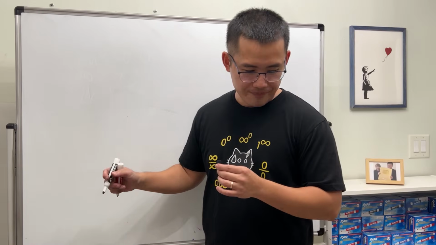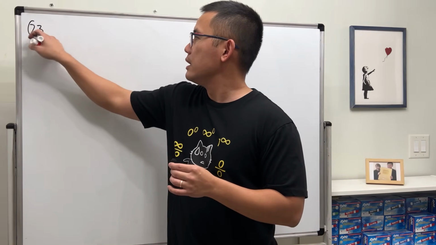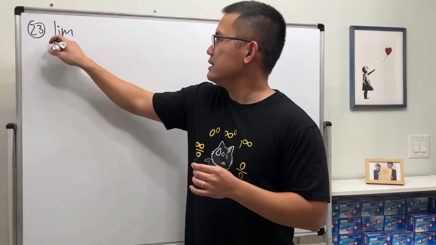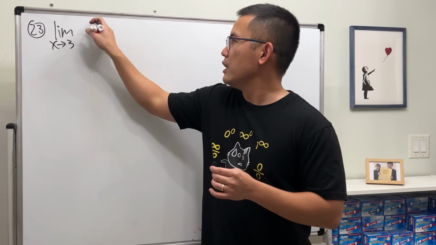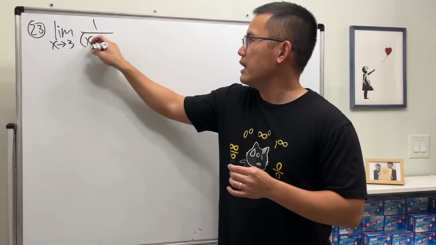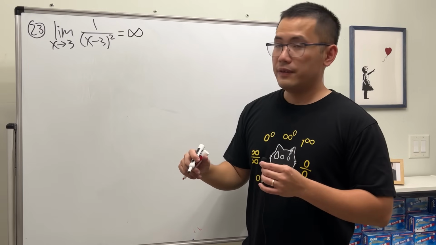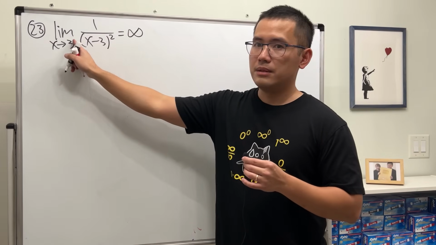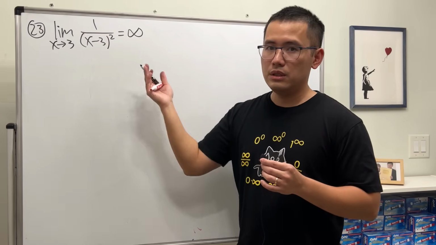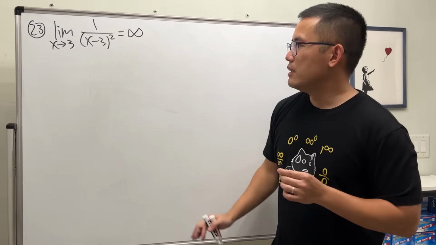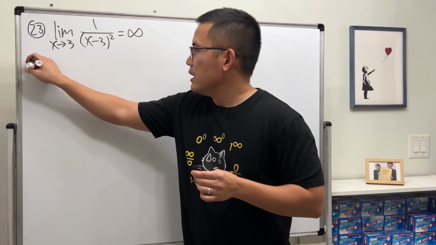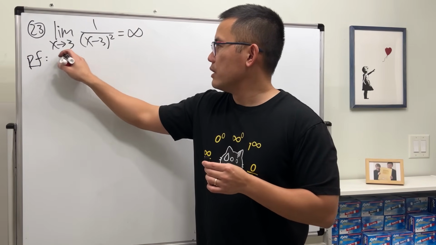All right, number 23. Here, limit x approaching 3 of 1 over (x minus 3) squared. This is infinity. This is a two-sided limit, but this is squared, so it's infinity. It's like going up. Yeah, we have a vertical asymptote at 3. But here, let's go ahead and do the proof.